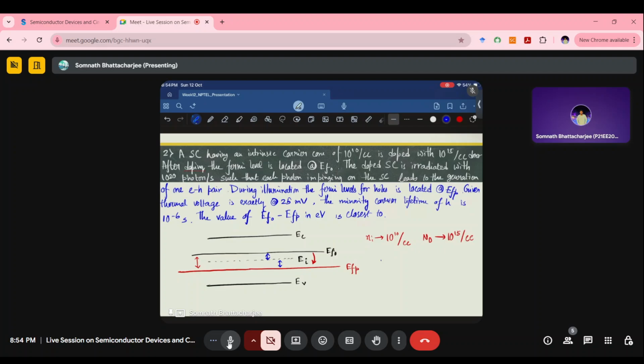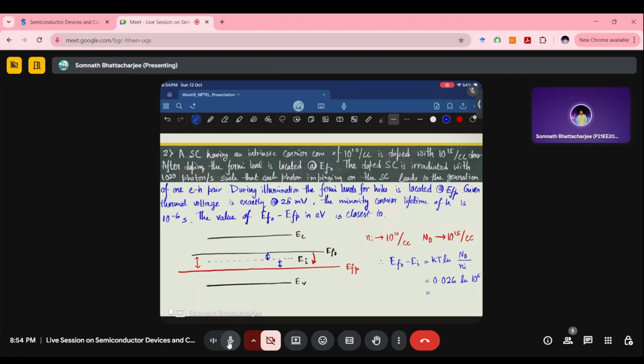For this case, we know EF naught minus EI is nothing but KT ln of ND by Ni. So it is very straightforward: 0.026 multiplied by ln of 10 to the power 5.